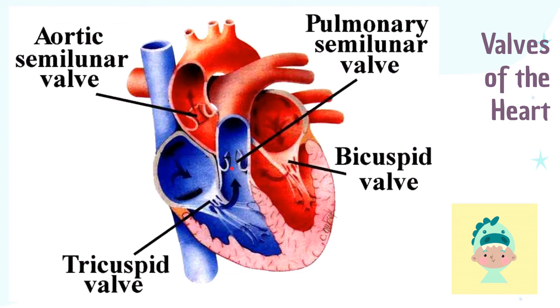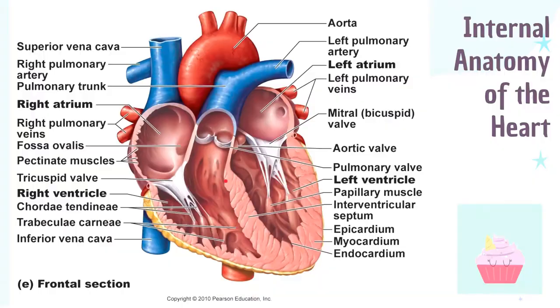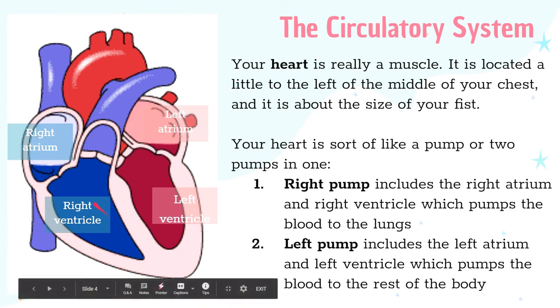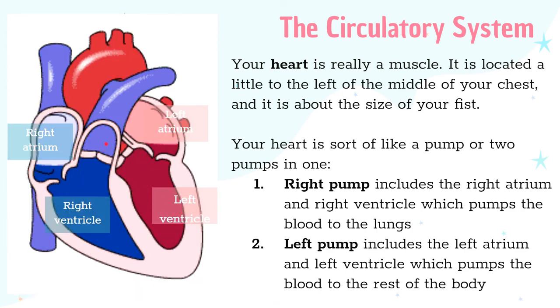So it also prevents the backflow of the blood. See? So right atrium contracts, tricuspid valve opens, right ventricle contracts, tricuspid valve closes, and then blood will now pass through the pulmonary artery, passing through the pulmonary semilunar valve.